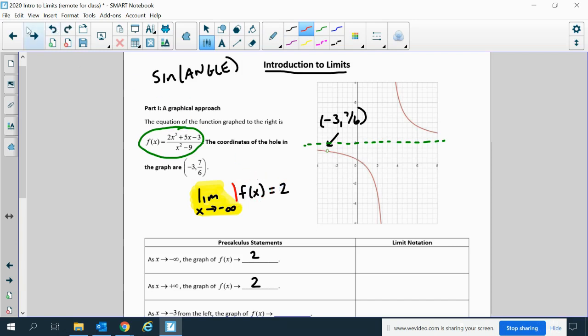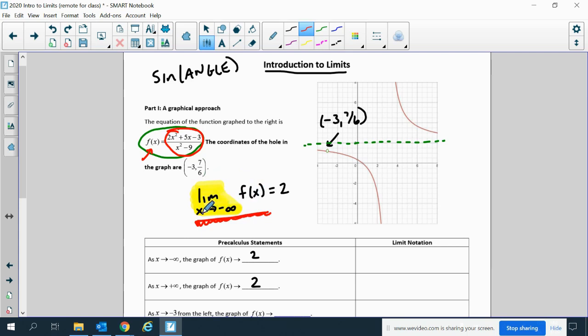You could write the whole function out, but I'm just going to write f(x) because it's a little shorter. You have to have a function here. Then that equals some sort of value.